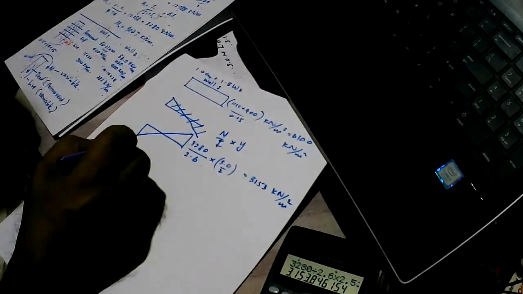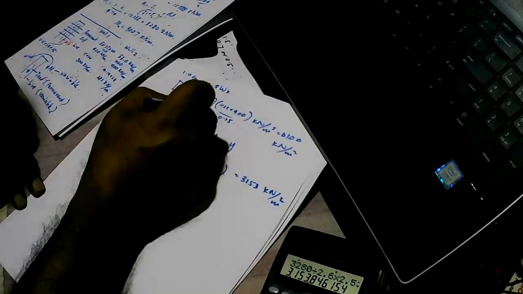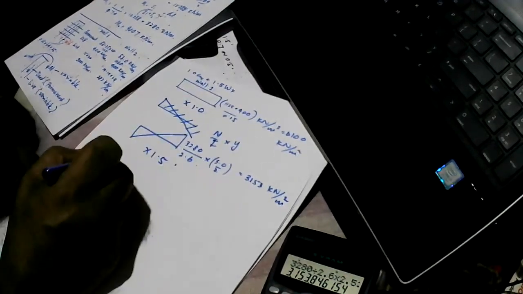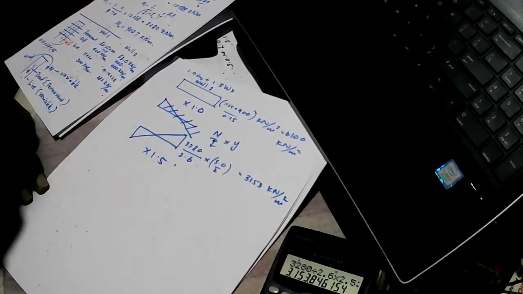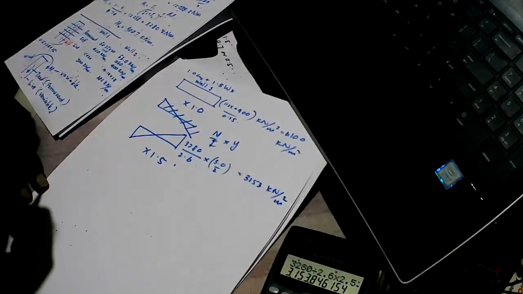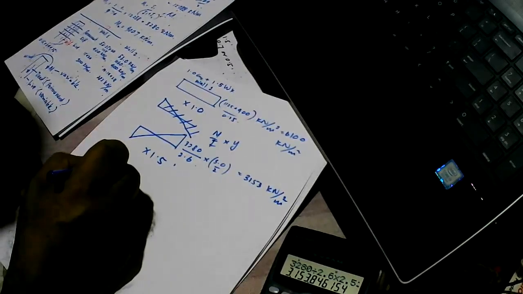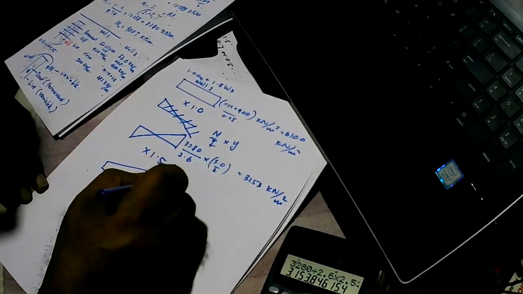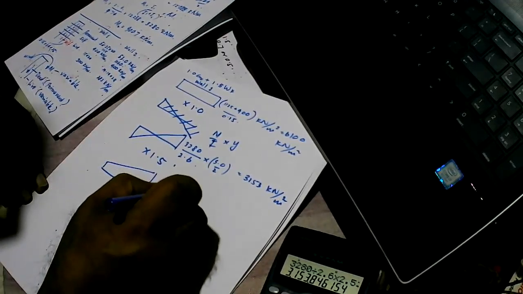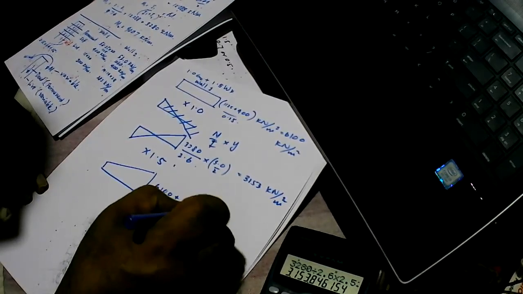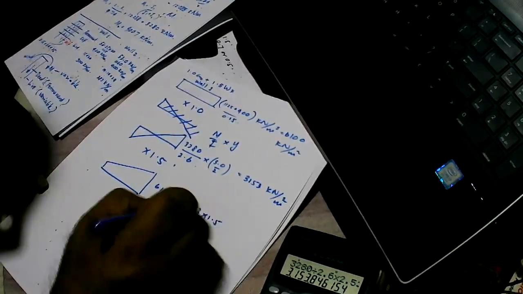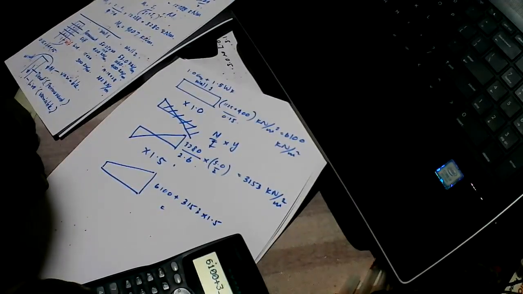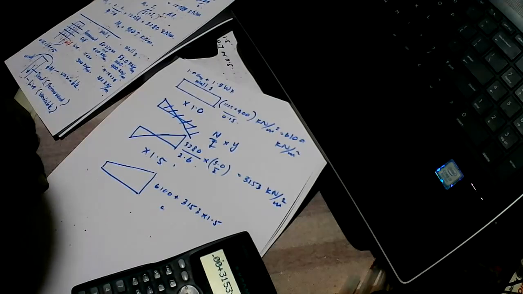So once you add them, multiply this by 1.0, multiply this by 1.5, and finally we'll end up with this type of stress distribution. Here the value will be 6,100 plus 3153 into 1.5.